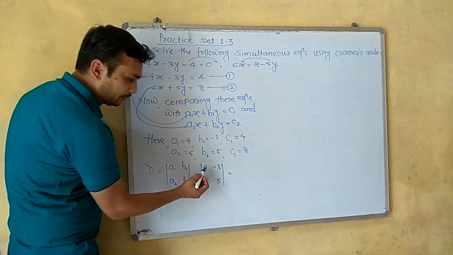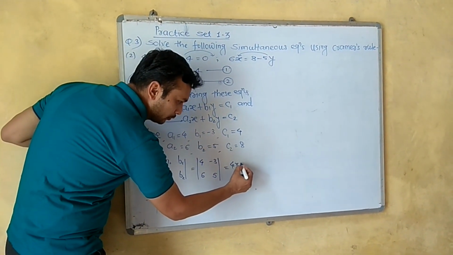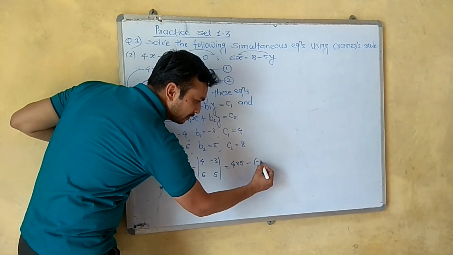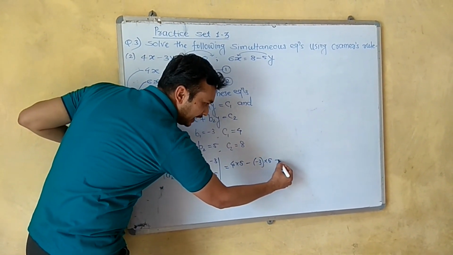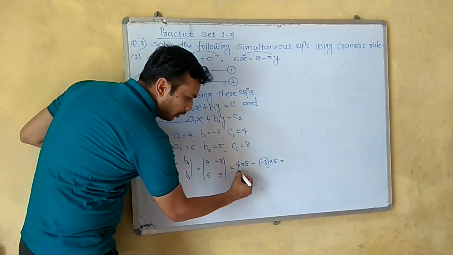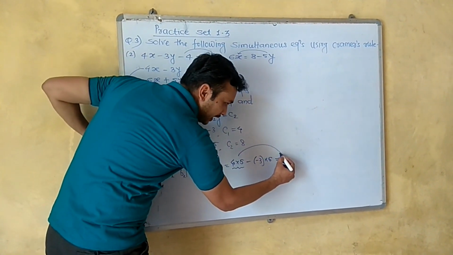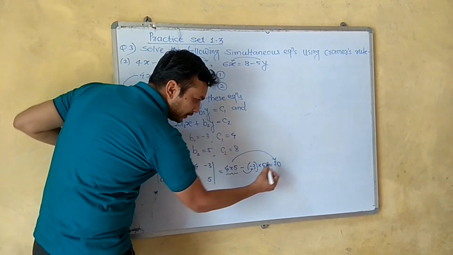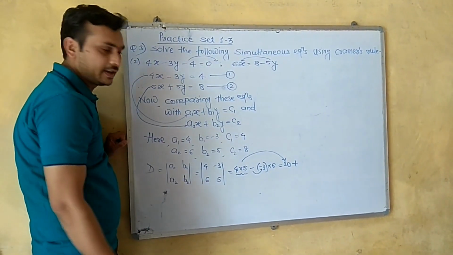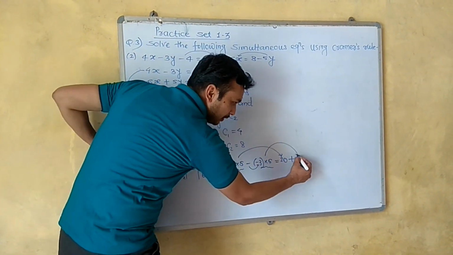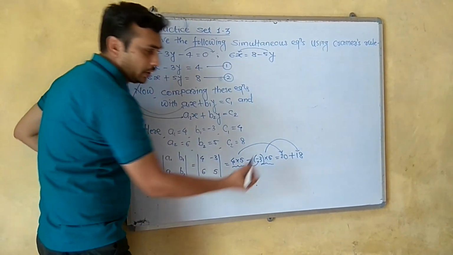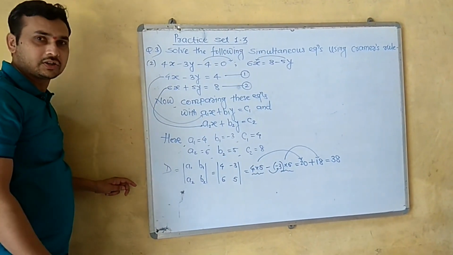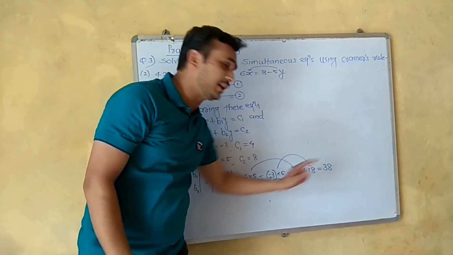By cross multiplication, 4 into 5 minus minus 3 into 6. 4 5s are 20. Minus into minus is plus, 3 into 6 equals 18. So 20 plus 18 equals 38. So the value of D is 38.